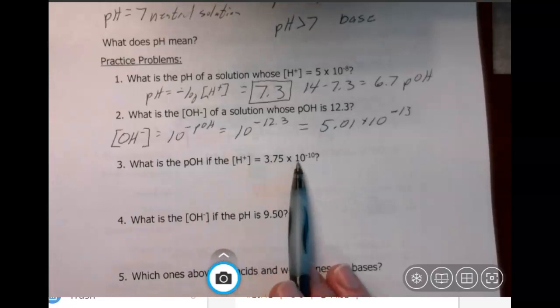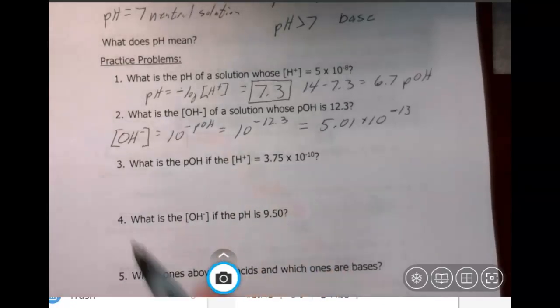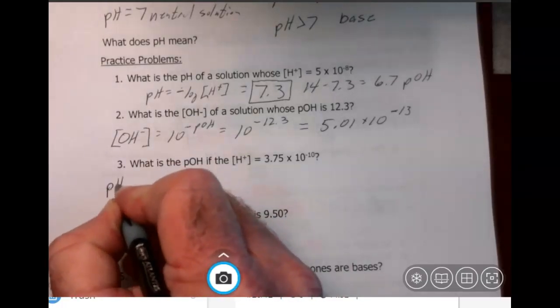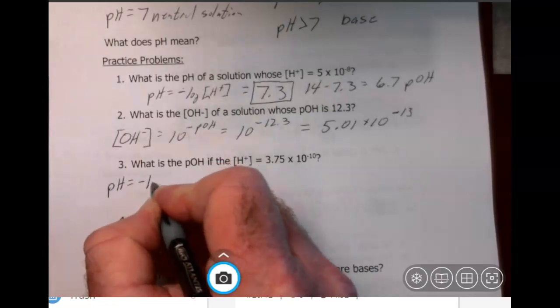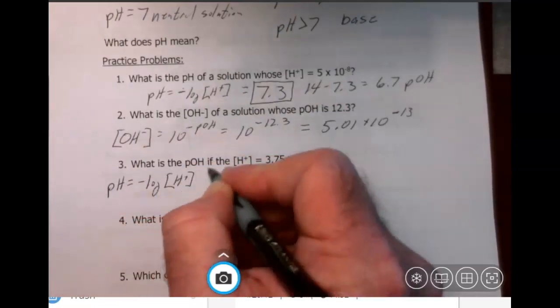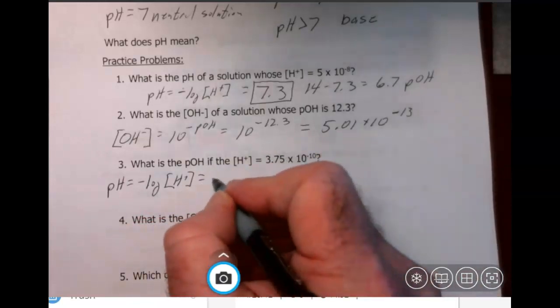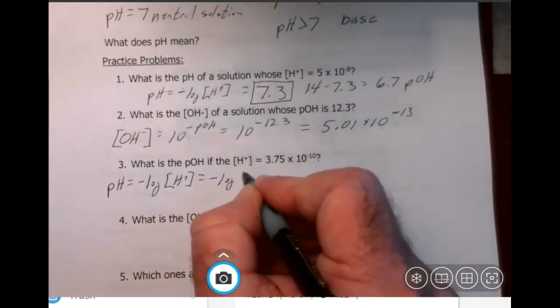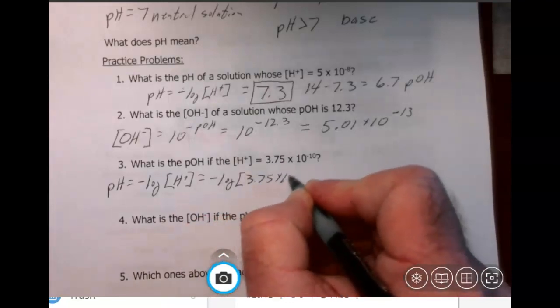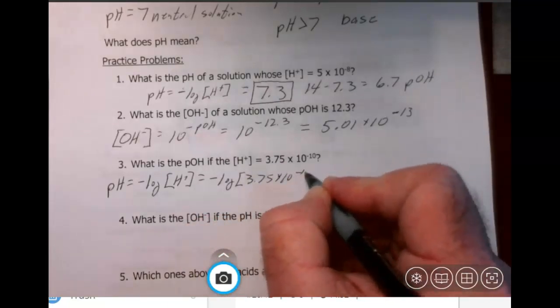We have the hydrogen ion concentration. So for most people, the easiest way to do this is to first find the pH. pH equals minus the log of the hydrogen ion concentration. And since that's what we have, it's minus the log of 3.75 times 10 to the minus 10.